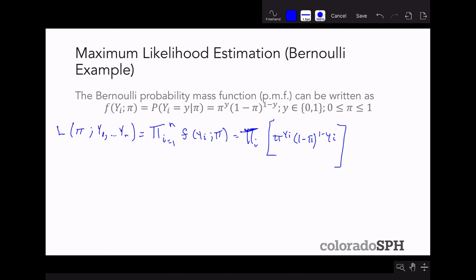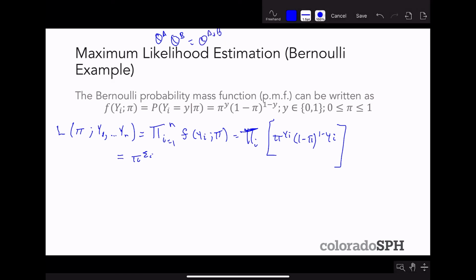And that is equal to, you can bring the product into the exponent as a summation, because theta to the a times theta to the b equals theta to the a plus b.